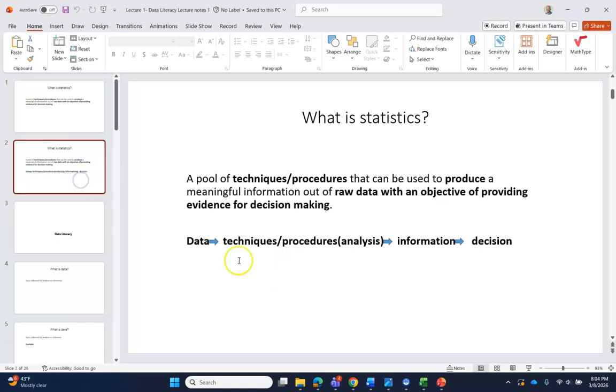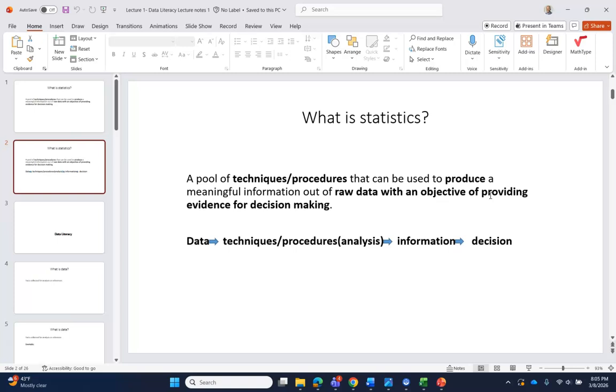We defined statistics as having data and then using techniques or procedures to analyze data, so that we get information that will help us make decisions. The definition says statistics is a pool of techniques or procedures that can be used to produce meaningful information out of raw data, with the objective of providing evidence for decision making.